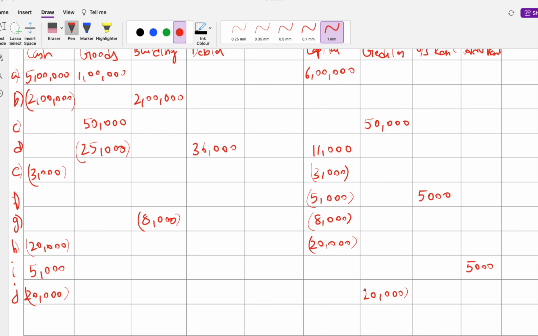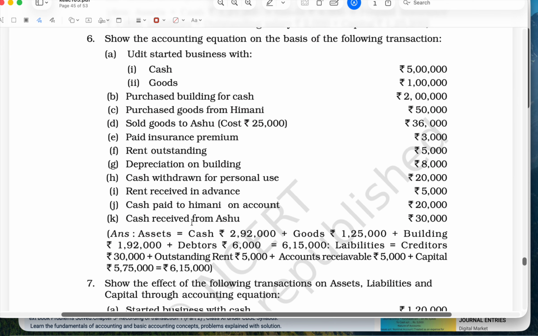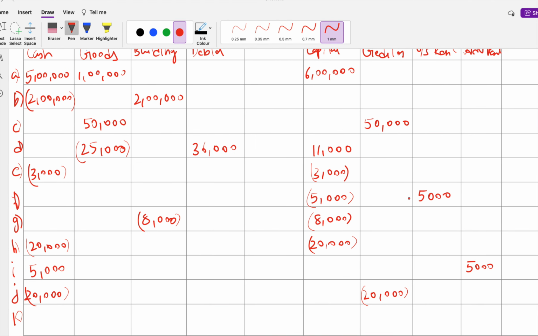Our liability also will decrease by 20,000. Last transaction, K. Cash received from Ashu 30,000. So Ashu is supposed to pay us 36,000, right? So 30,000 he has paid. So here we will subtract.